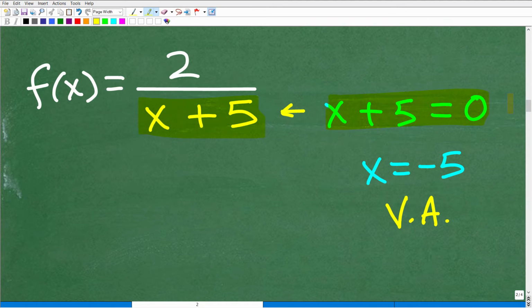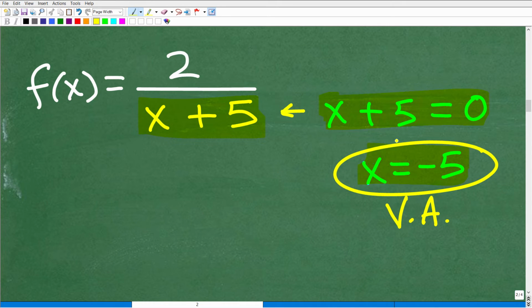What you're going to do is take that denominator function, set it equal to 0, and then solve for x. That's finding the roots or zeros. And here we have x plus 5 is equal to 0. To solve that for x, very simple: simply subtract 5 from both sides of the equation, and we get x is equal to -5. This is our one and only vertical asymptote.